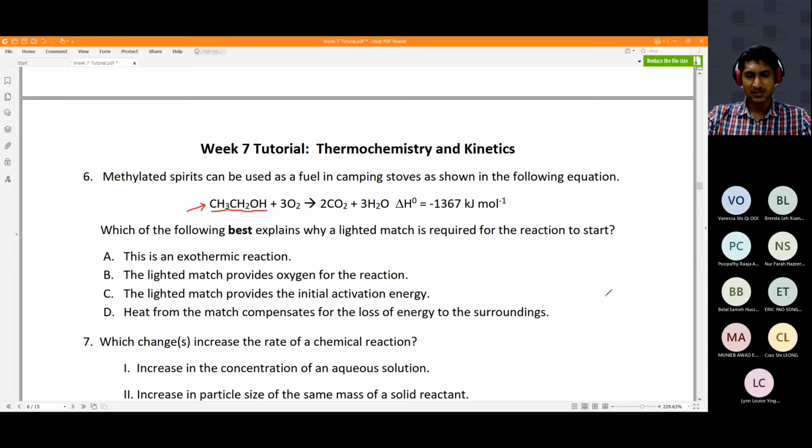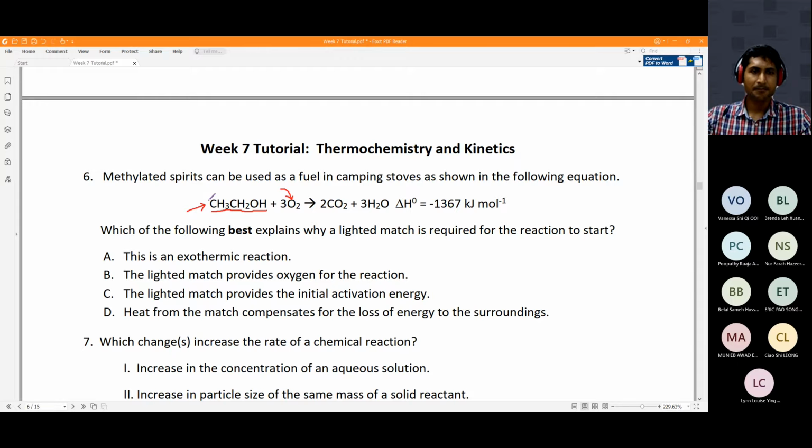CH3CH2OH. We know this is oxygen, but what is this? Ethanol. Yeah, ethanol. So this is the same ethanol.